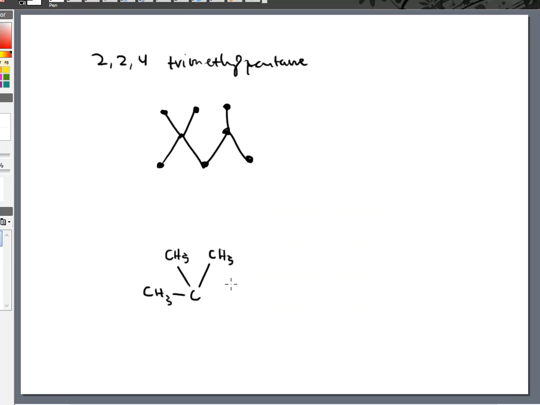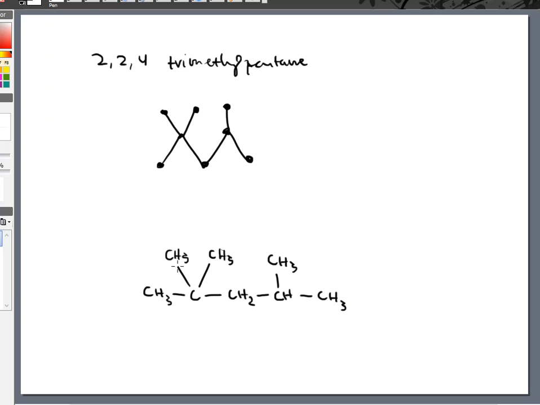And then that goes on to another CH2 piece of the molecule. And then that one goes to another carbon that has one hydrogen, and that also has a methyl group, and that also has a methyl group. So there you go. There is what I would call the Kekulé structure of 2,2,4-trimethylpentane.